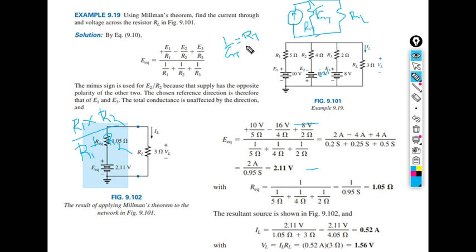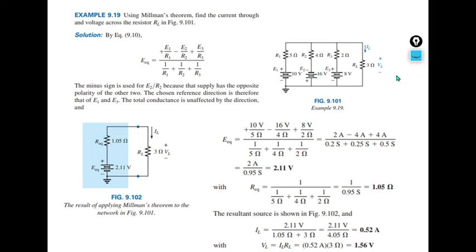Instead of GT you can use the value of RT and apply the current division rule. In this way you can solve it. What I am telling you every time is to solve by every method and check the answer. If you get a wrong answer, when you try to solve the problem the right way, then you can learn better.